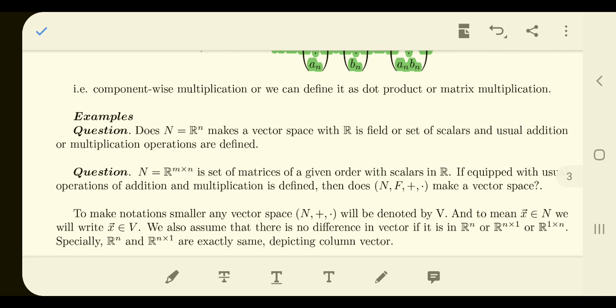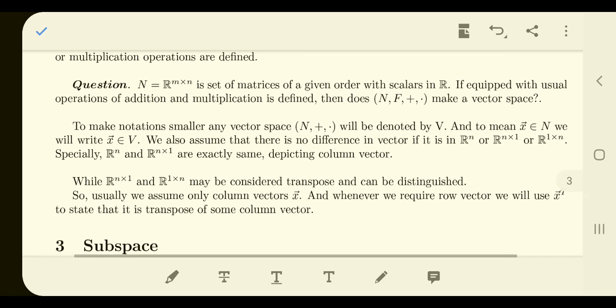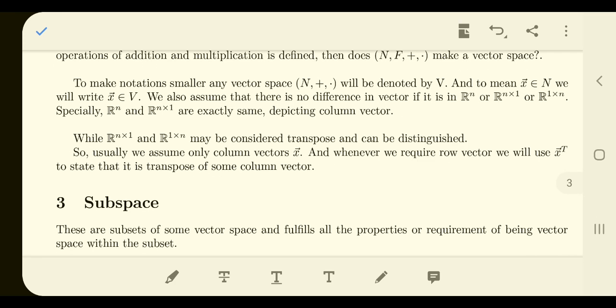There are certain notations, so you can read that. Let me tell you one more thing about vector spaces for this video series. We are not going to focus on vector spaces as such, because we are not going to prove something as a vector space. We are going to prove something as a subspace.